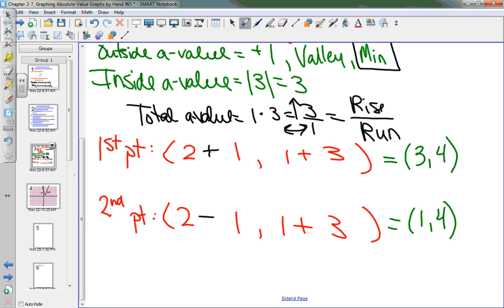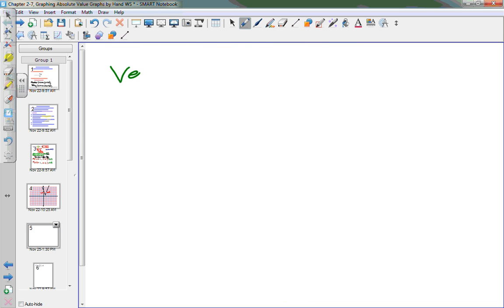Okay. Now, you only have to do this check if you have a fraction. Let's say, for example, my vertex was the point 1/2, 2/3. And I have a mountain. And my slope is going to be, let's say, 2.